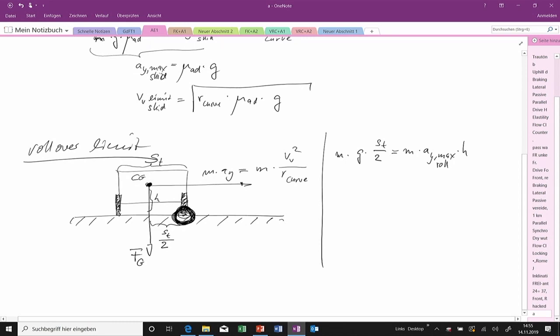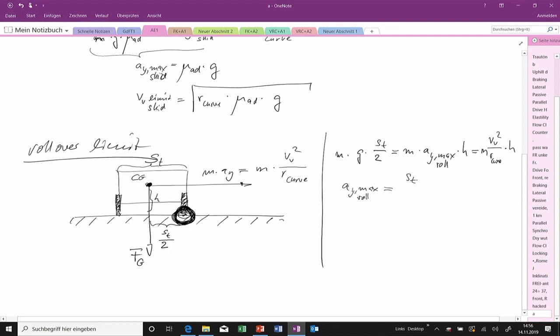And of course we can also use the other expression for a_y. This is v squared by r_curve times h. Again, we have 3 expressions and we can compare them 2 by 2. So if we use the left one and the middle, we get again an expression for the maximum lateral acceleration at the rollover limit.